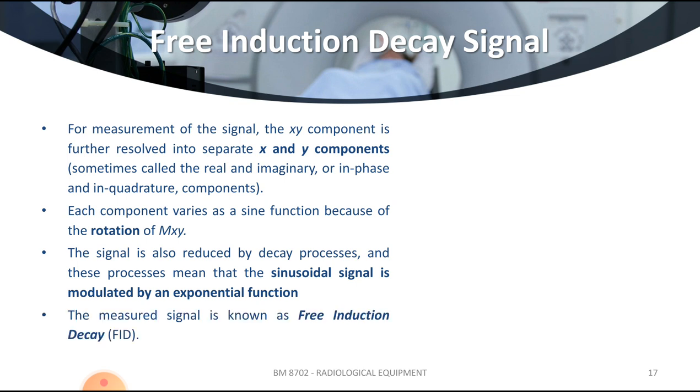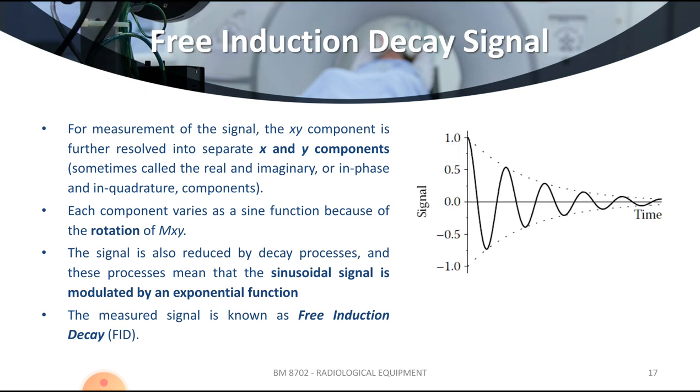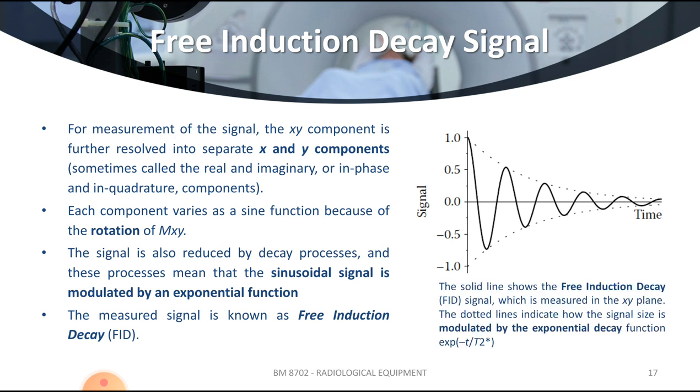This measured signal is known as free induction decay. So if you look at the figure, you can see the sinusoidal signal is modulated by an exponential function. So it is exponentially decaying over time. So the solid line shows the free induction decay signal, and the dotted line is the modulating exponential decay function, which is exponential of minus t by T2.